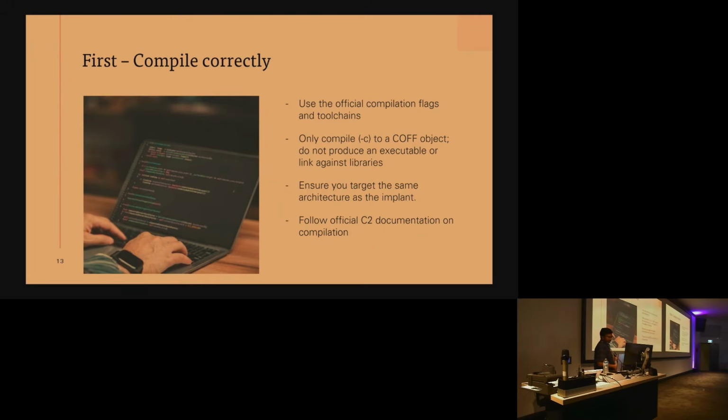And then you have to ensure that you target the same architecture as the implant. If you are targeting 32-bit, then you should create a 32-bit BOF. If you are targeting 64-bit, then you should create a 64-bit BOF. And finally, you have to follow official C2 documentation and compilation.